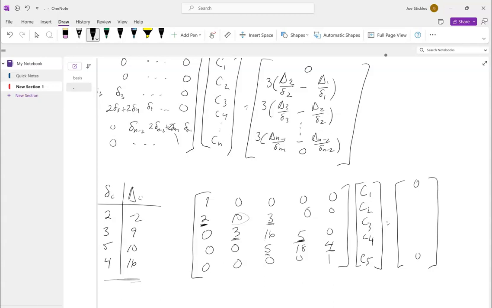All right, so the way we have this one is capital delta 2 over little delta 2. 9 divided by 3 is 3. Minus capital delta 1 over little delta 1. That's negative 1. So it's 3 minus a minus 1. So we get 4 times 3. So we get 12 for that one.